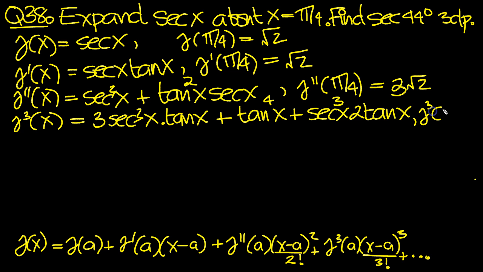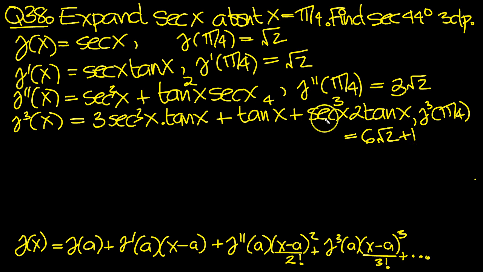And f triple dashed pi over 4 is equal to, okay, better have a bit more room here. So it's equal to 3 sec cubed. Sec is root 2, so that's 2 root 2 here. So that's 6 root 2 times 1, so that's 6 lots of root 2. Tan to the 4 is just 1.